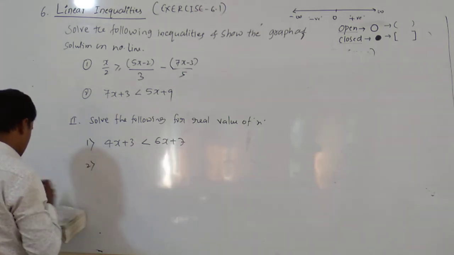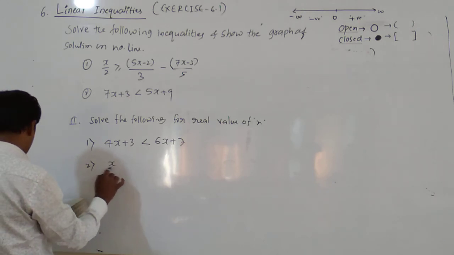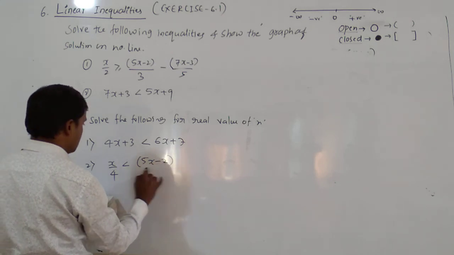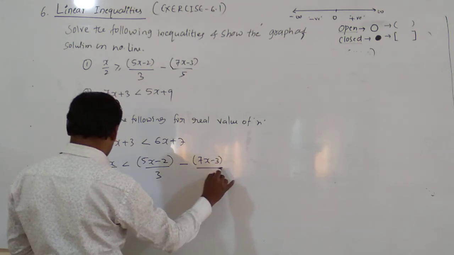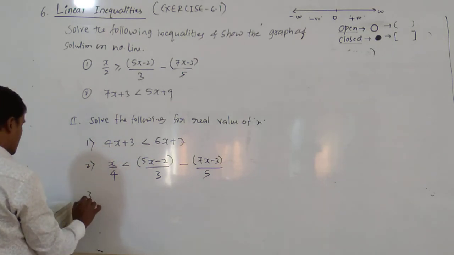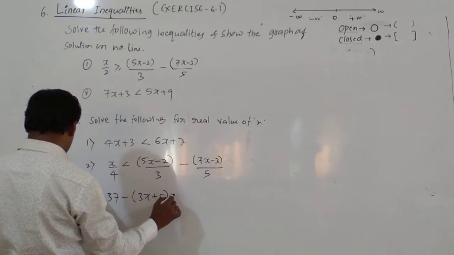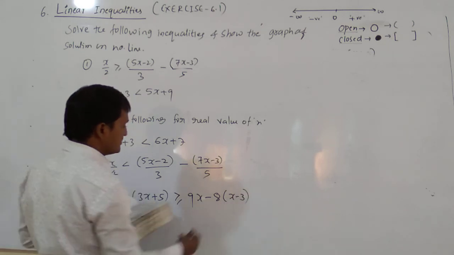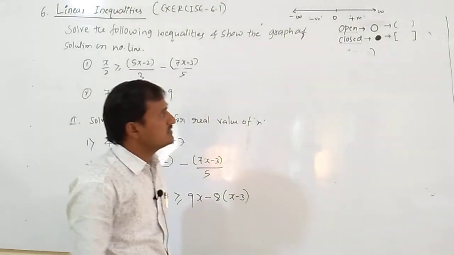The second one is x by 4, which is less than 5x minus 2 divided by 3 minus 7x minus 3 divided by 5. Okay, next, I will give one more here: 3 minus 3x plus 5, it is more than or equal to 9x minus 8 into x minus 3. So these are some exercise problems you have to practice.